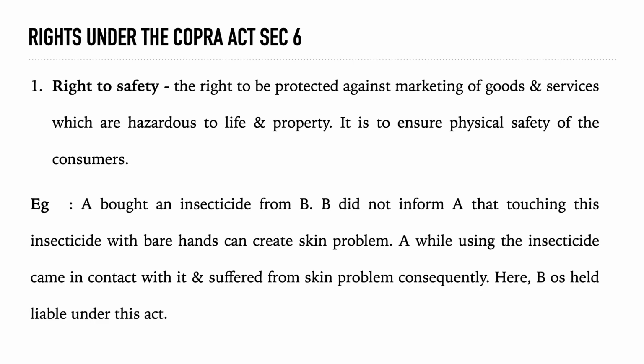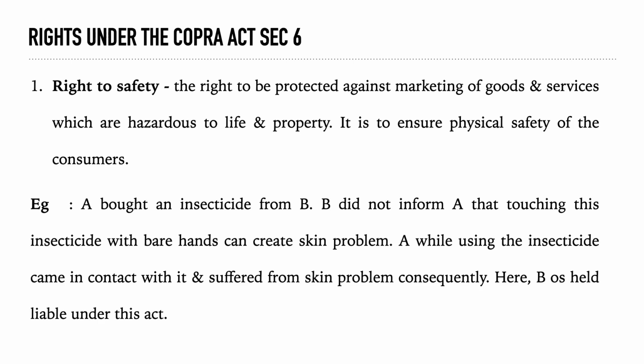A has bought it from B, but B has not informed him that whenever you use this product, you need to put on glasses or protect your skin before you use it. So once A purchases it and starts using it, he ends up with skin allergies or skin issues. So now who is liable?